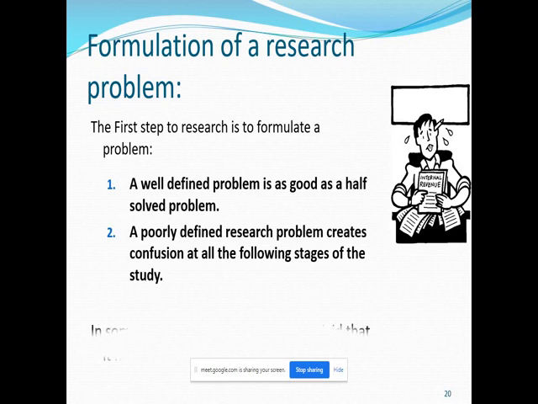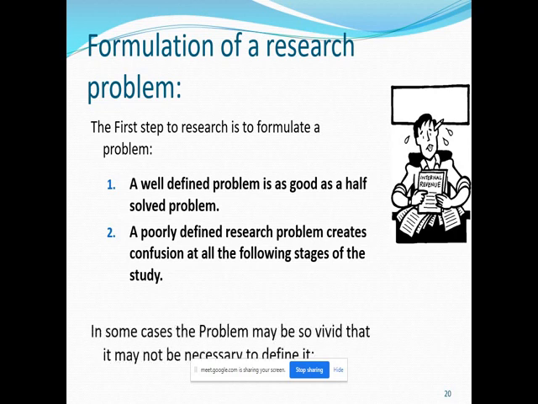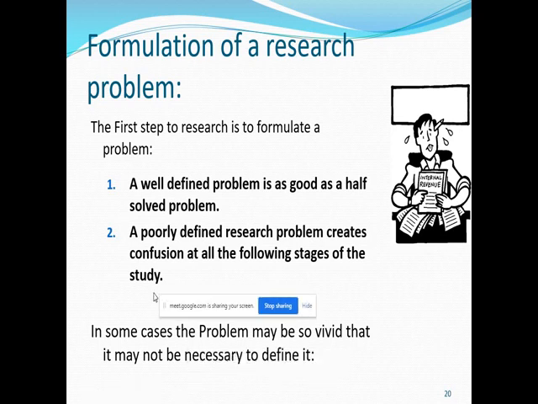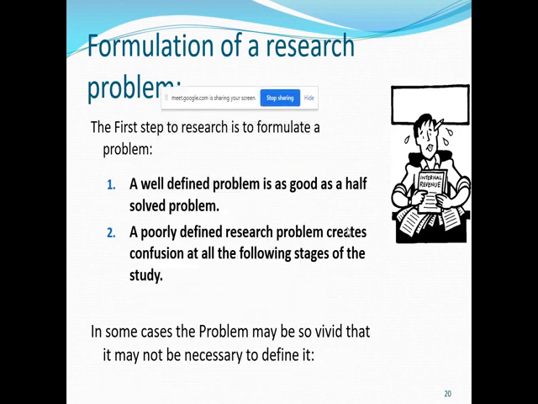Let us look at this example. In some cases, the problem may be so vivid that it may not be necessary to define it. For example, here you see the internal revenue of this particular company is going down. He must be the accountant and he is quite worried, seeing that internal revenue is going down.